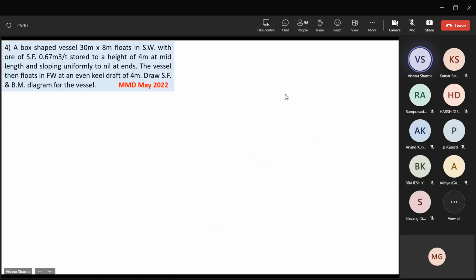Okay, here is the question. A box-shaped vessel 30 by 8 meters floats in sea water with iron ore.